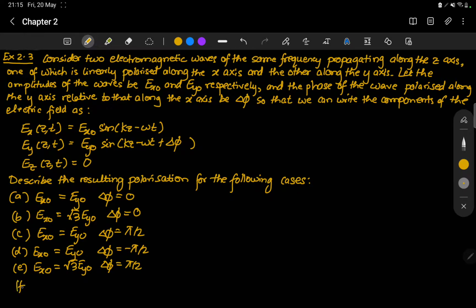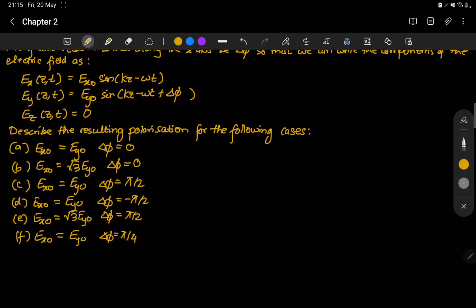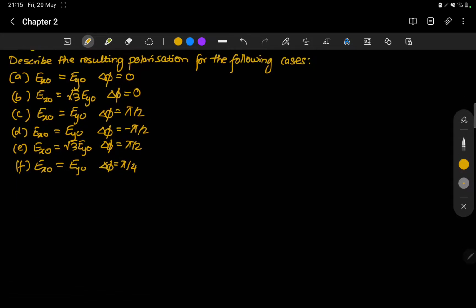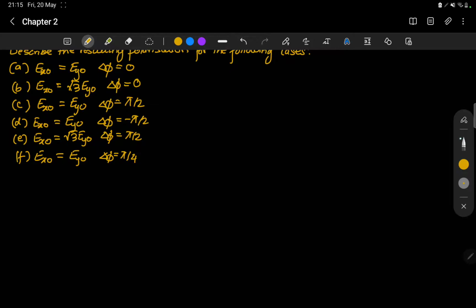And finally, the last one. So these are the 6 different cases, and for each of them we need to find out the polarization. So let us start one by one with the first case.